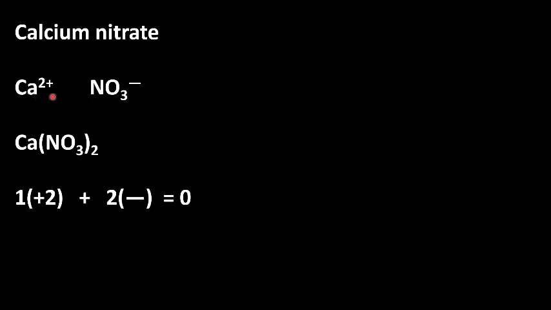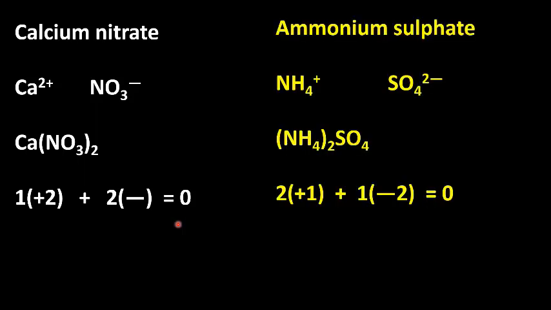In order to equalize the charges, so that ultimately the substance doesn't have any charge, the magnitudes of charges should be exchanged. So in calcium nitrate, calcium has 2 units of positive charge, 1 ion into 2 units plus 2 nitrate ions into 1 unit of negative charge. Totally the charge is 0. Therefore, the substance is neutral.